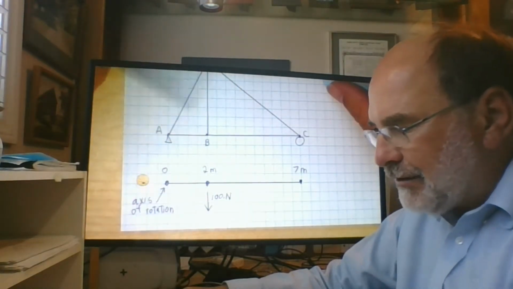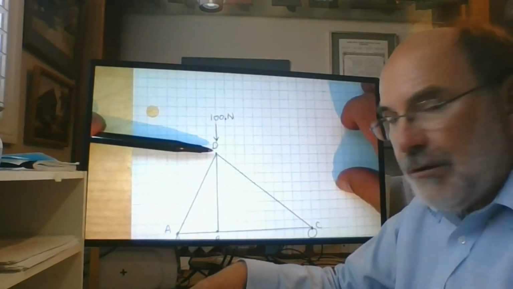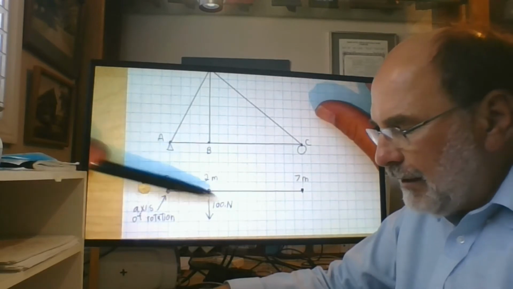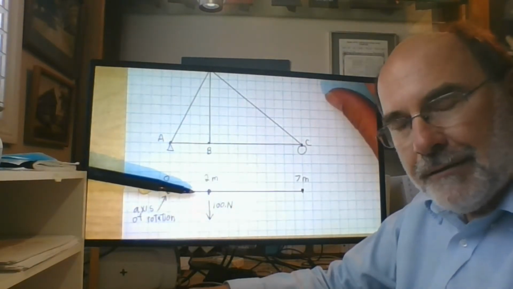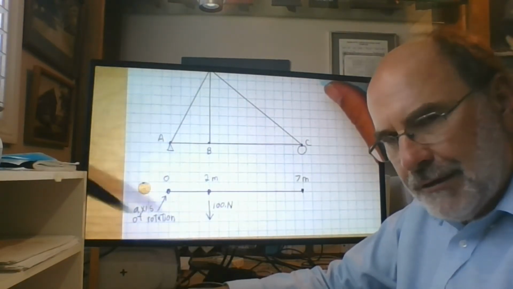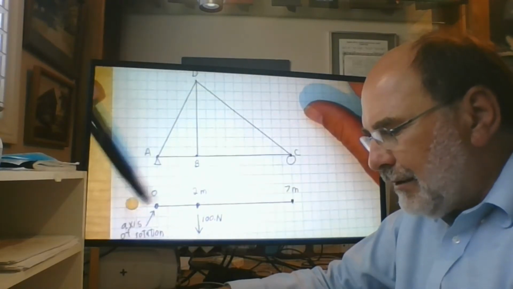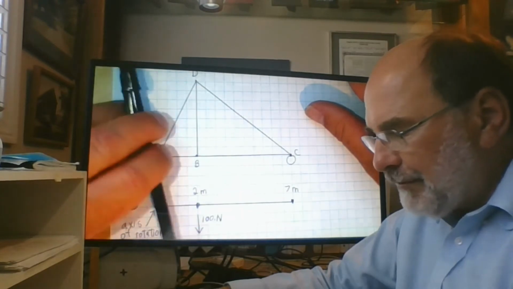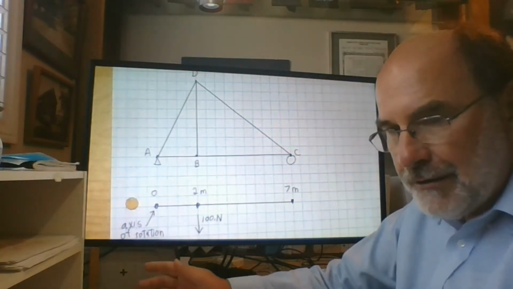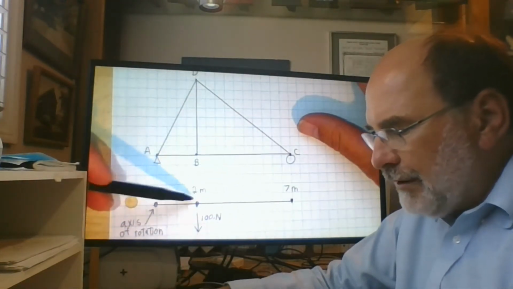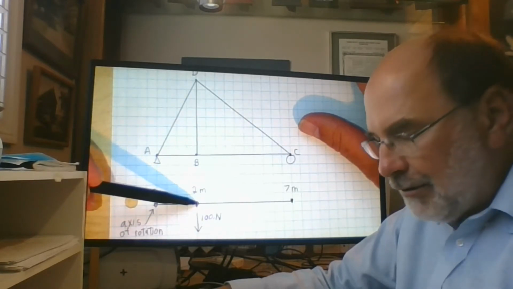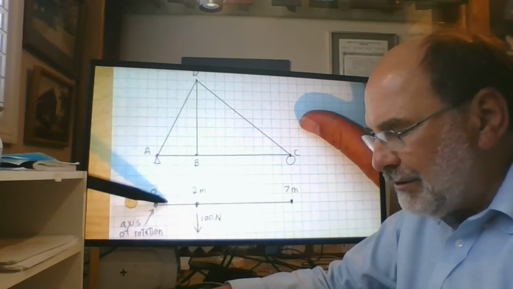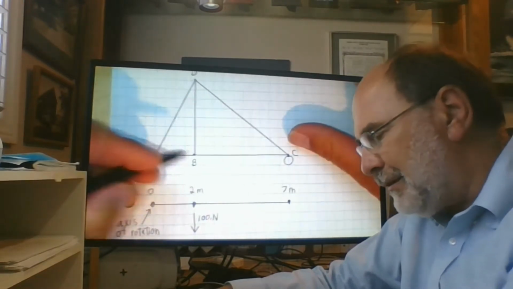Now I slid the load along its line of action down to point B and drew this as just a simple straight line because that's all we need to think of it as. And the angle is now negative 90 degrees, and the sine of negative 90 degrees is -1. So the moment caused by the load acting at point D is equivalent to negative 200 Newton meters.